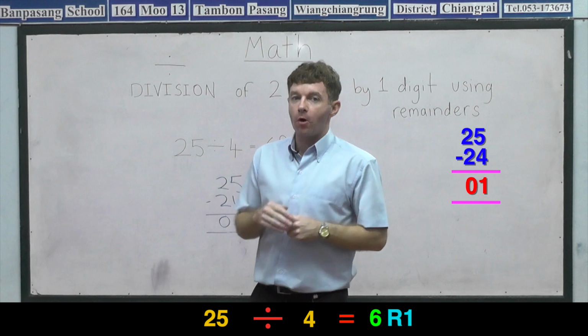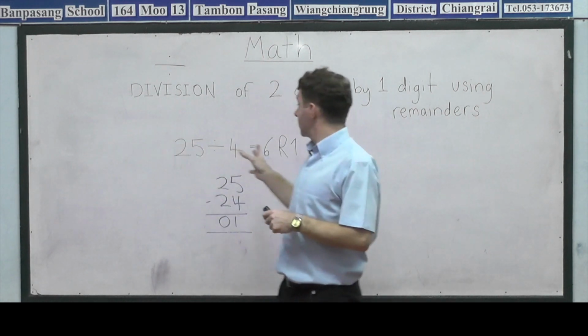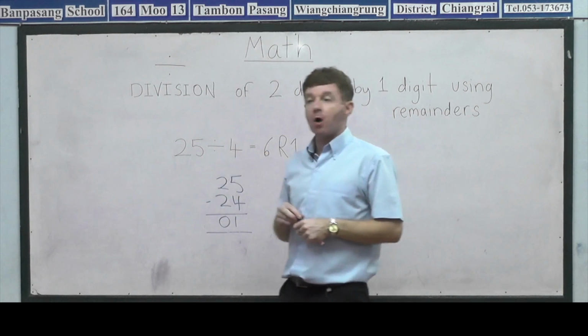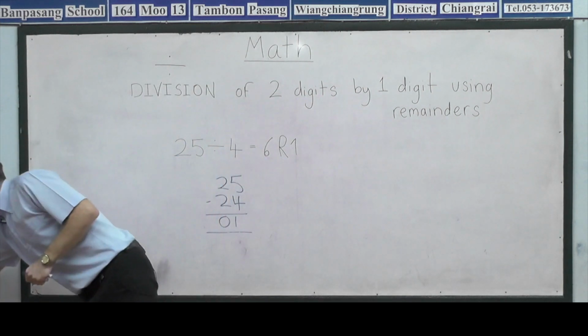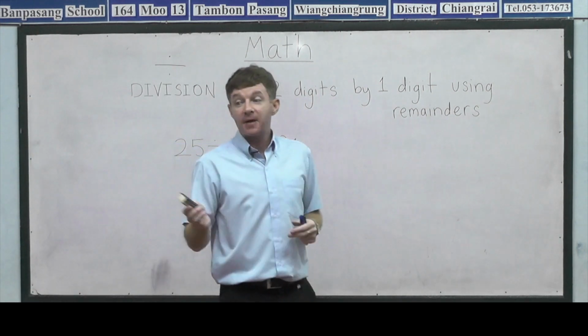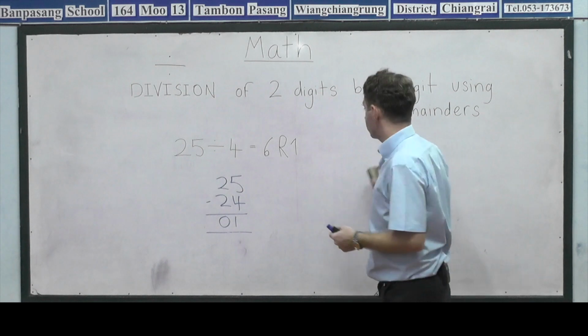Let's do one more of the same type of equation just to refresh your memory one more time. And I would like one more volunteer. Pat, can you come and join me at the front?